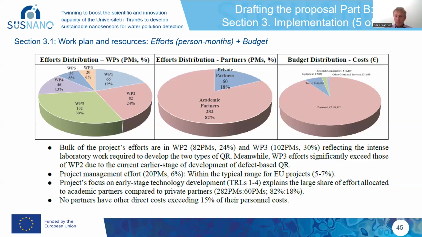Then the last one there, the budget distribution, this pie chart. What to say there? I think no particular comment. Typically personnel costs take up the vast bulk of costs. I don't think we have any subcontracting here. If you do ever have subcontracting, and you have to be really careful whether it really is subcontracting or not, the evaluators, the Commission, seem to be somewhat allergic to seeing that.